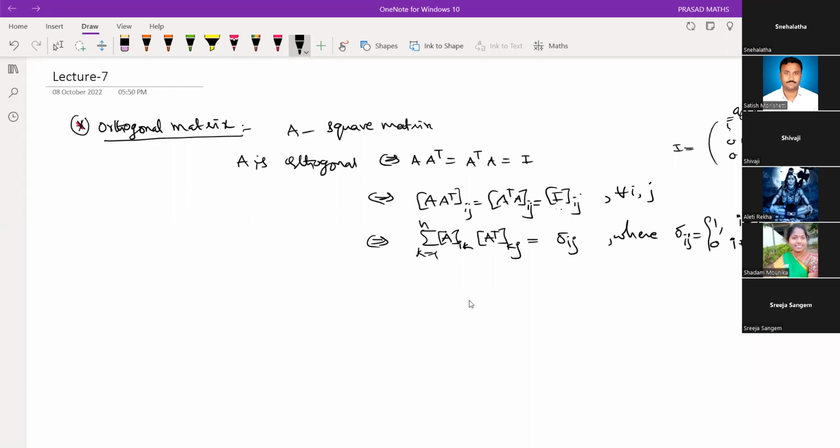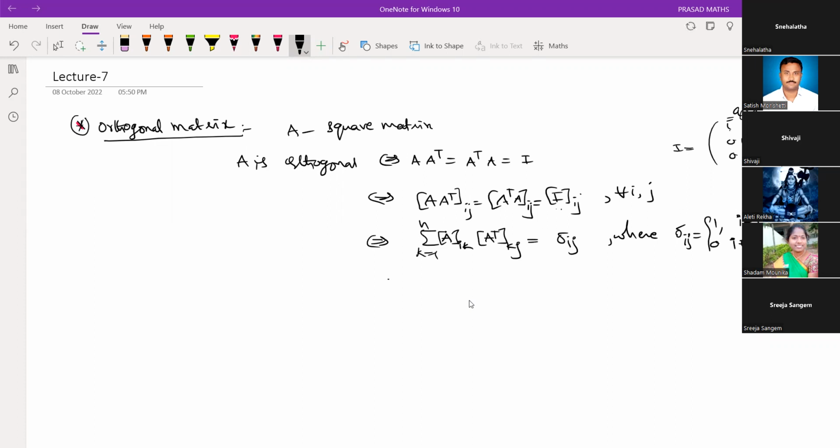Is this step clear? The ij-th entry of the identity matrix can be rewritten as the Kronecker delta, delta ij. Whenever i equals j, it is 1, otherwise it is 0.